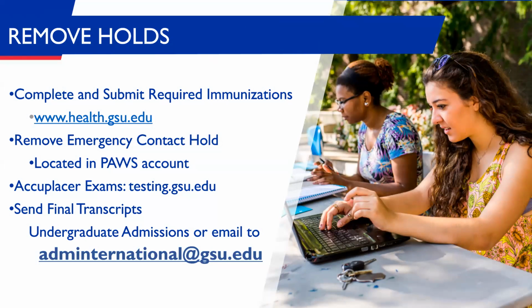You will get an email from them already. They are all automated for all the students required to be in person on campus. If you are doing virtual, if you say, oh, I'm not coming to campus, I'm still studying online from my country, you need to email health.gsu.edu to say, hey, I'm doing online. I'm not going to be in person. Immunization is not required. They can do a waiver until you are ready.